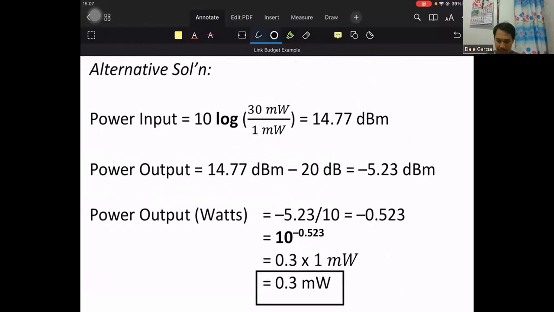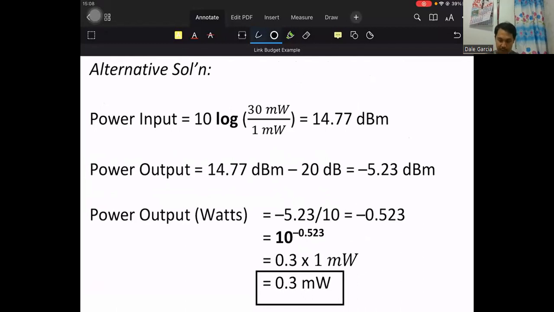We will not stop there. We also convert the dBm back to watts. I hope you know how to convert from power to dBm or dB, and from either dBm or dB back to watts.